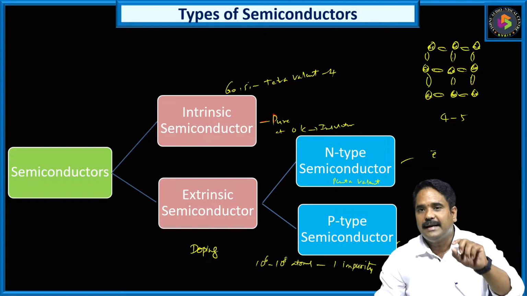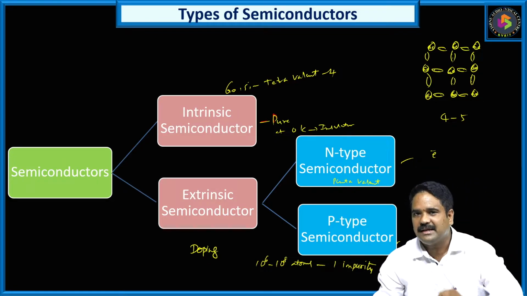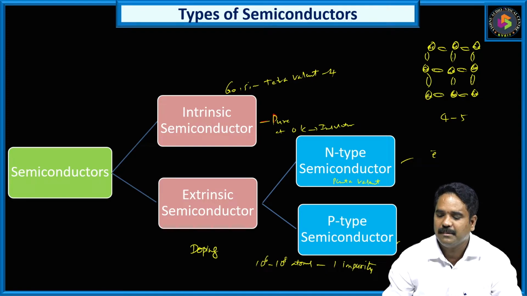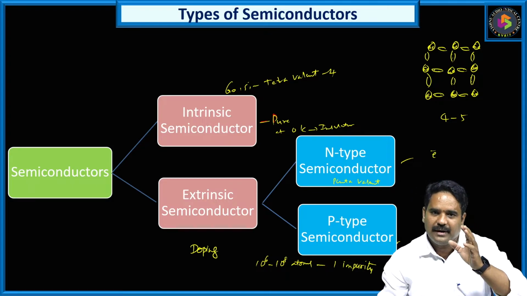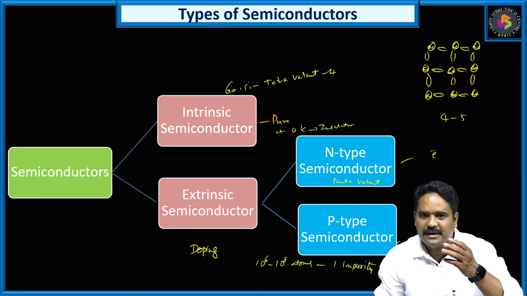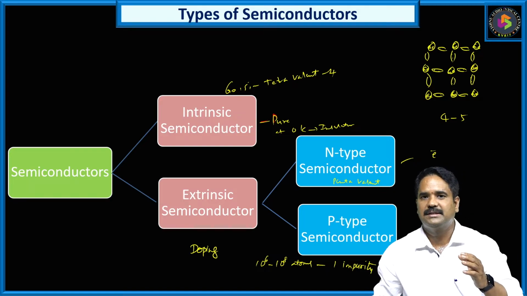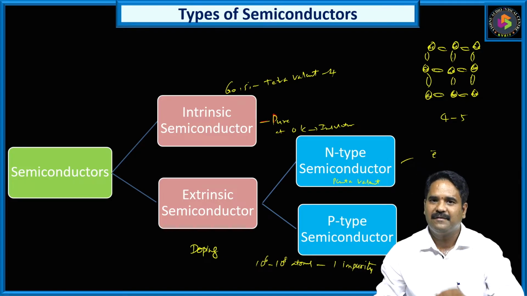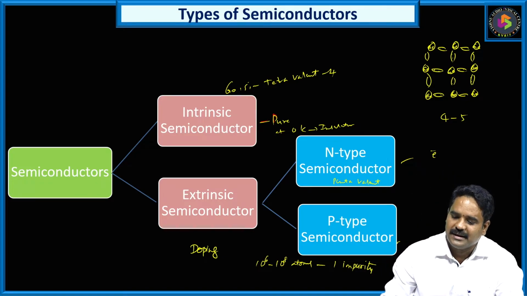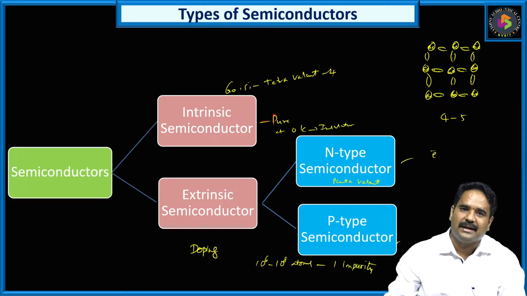In an n-type semiconductor, electrons are the majority charge carriers and holes are the minority charge carriers. When an intrinsic semiconductor like germanium or silicon is doped with a pentavalent impurity like phosphorus or arsenic, the resultant semiconductor is known as an n-type semiconductor.